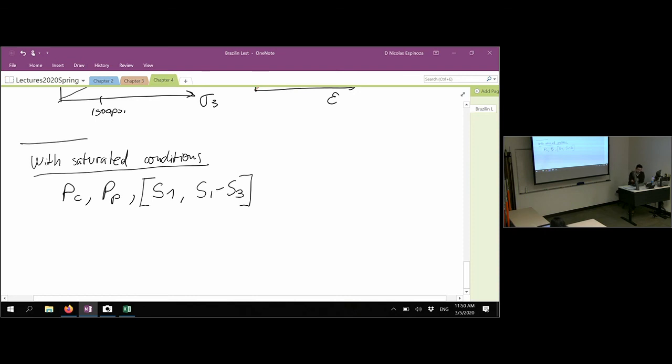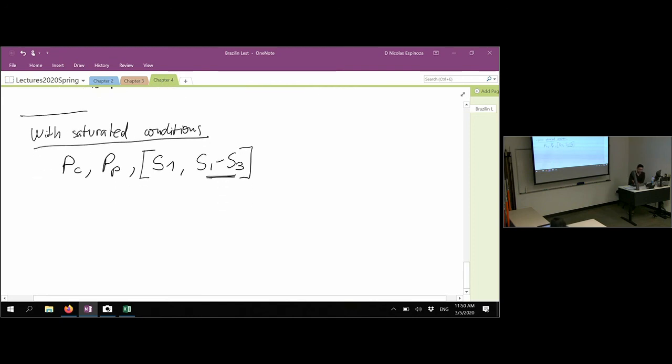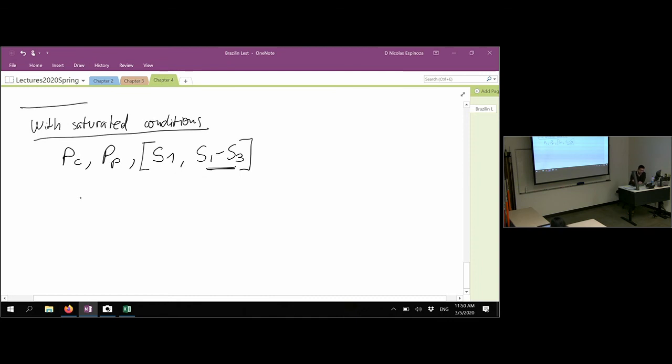In the problem that we are talking about today, we have this one. All right? So under these saturated conditions, your effective radial stress and minimum stress is going to be the confining pressure minus the pore pressure.